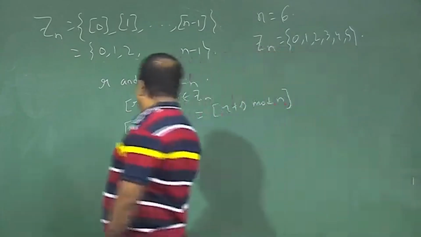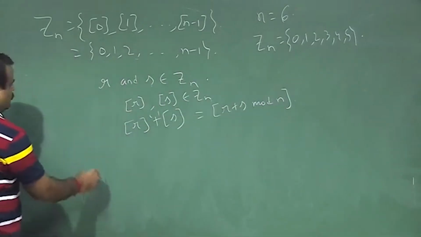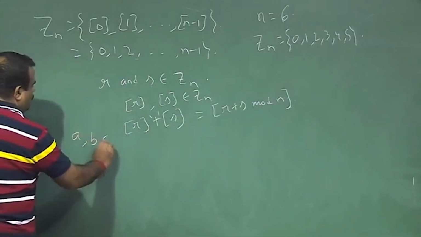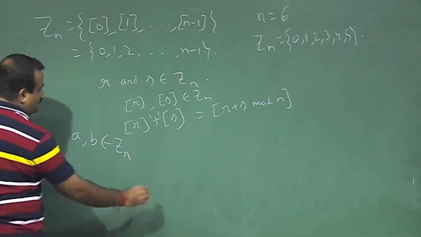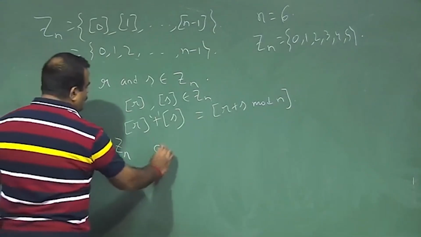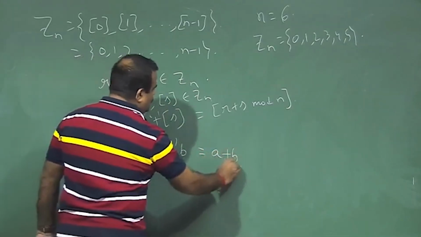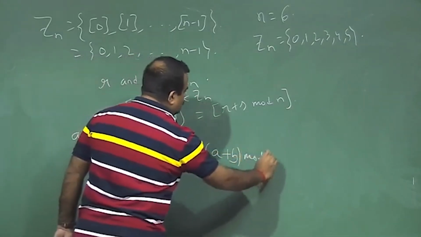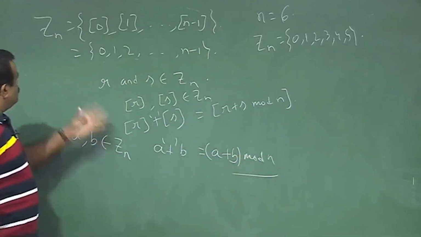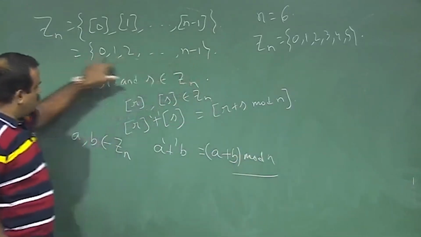Basically, for simplicity, if a, b are coming from Zn, then we define a plus b as basically a plus b mod n. That means it will be one of these.